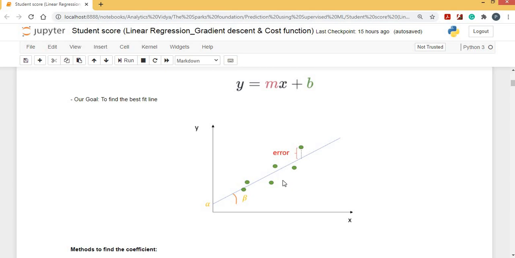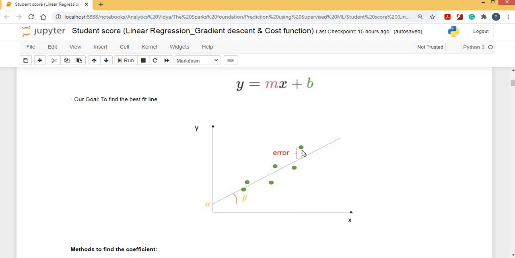Now our objective is to find the model parameters so that the cost function is minimum. So what is the cost function? There's a formula, but simply to understand, it is the distance between the predicted y and the actual y.